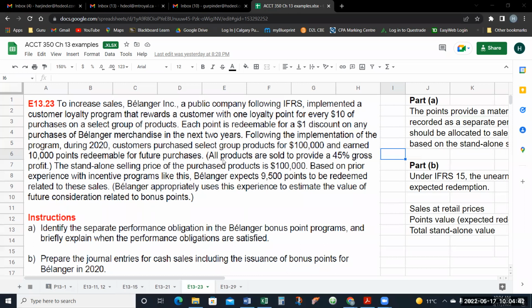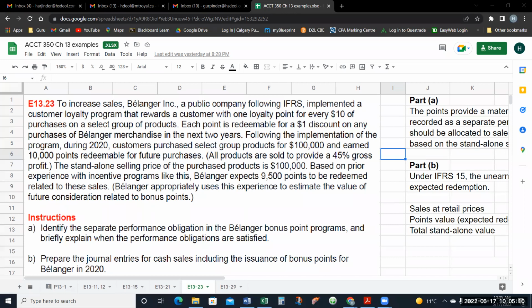Now, in parentheses, we're told all products are sold to provide a 45% gross profit. Now, that simply means that for every $1 of sales value, the gross profit is 45 cents. And that would mean cost of goods sold is 55 cents. So if 45% is the gross profit margin, the cost of goods sold is equal to 55% of the sales value.